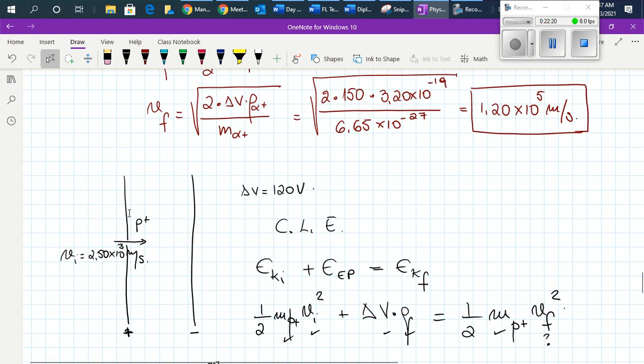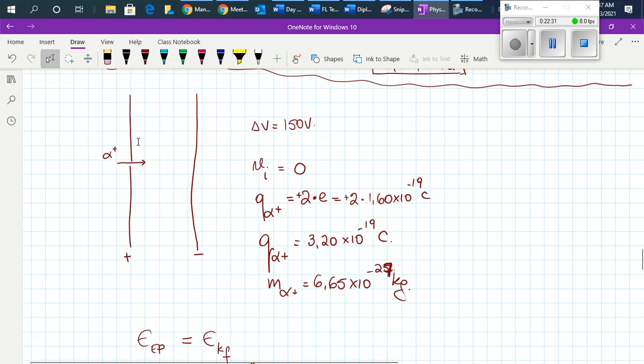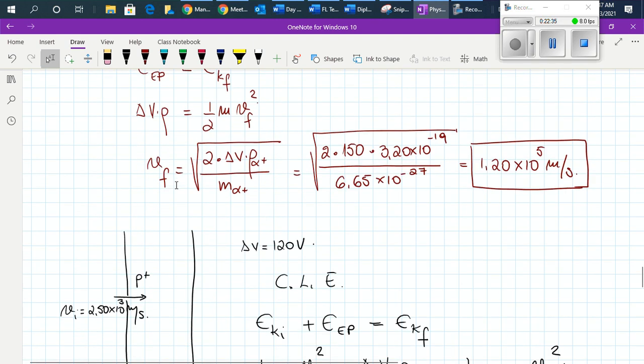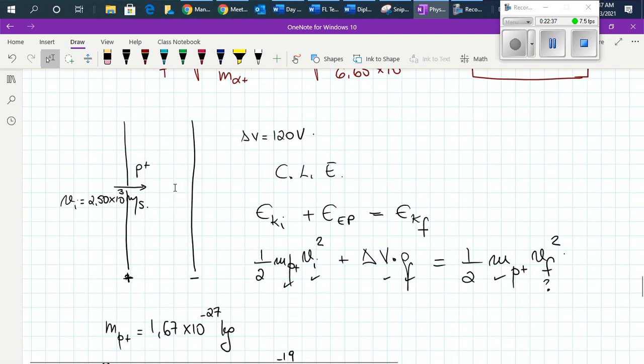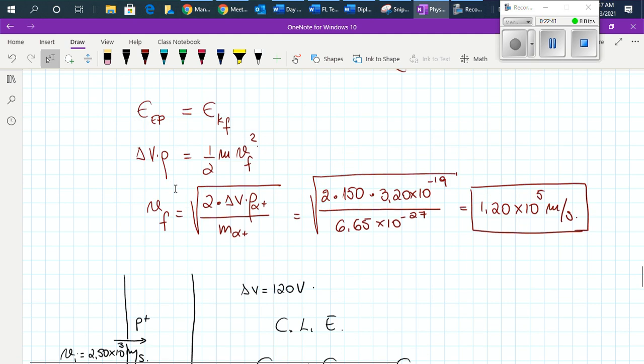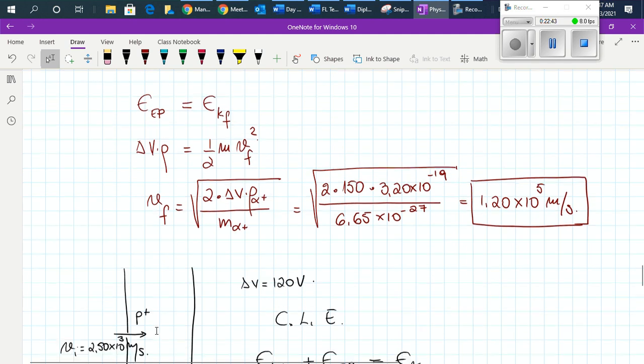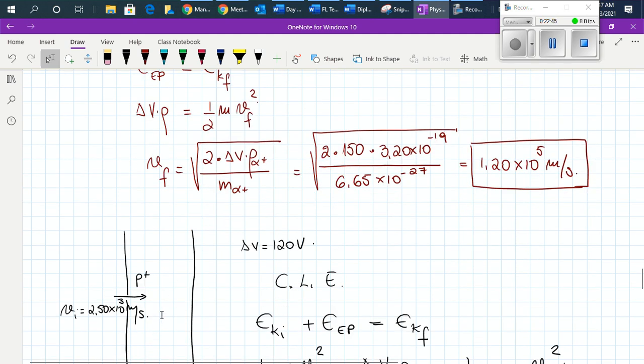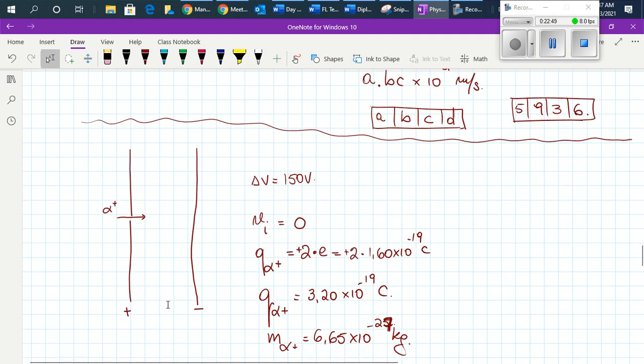So here proton is going along with the parallel plate, and proton is positive charge. Alpha particle is in the same direction, and this is very similar to you dropping an object from a certain height. So this example here is the same as dropping an object from a certain height in the gravitational field.